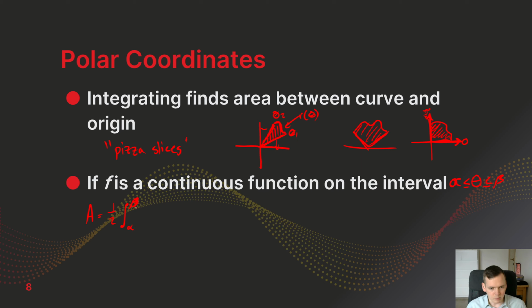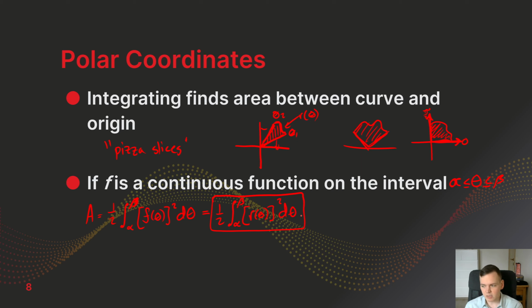Keep drawing my betas poorly. But that should be 1/2 integral from alpha to beta of f of theta squared d theta. Or in other words, 1/2, or you more commonly see it, integral from alpha to beta of r of theta squared d theta. So this is the expression to find the area.